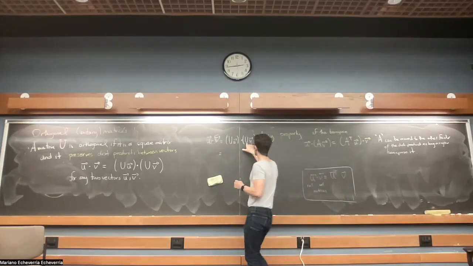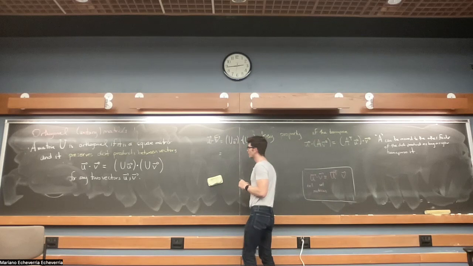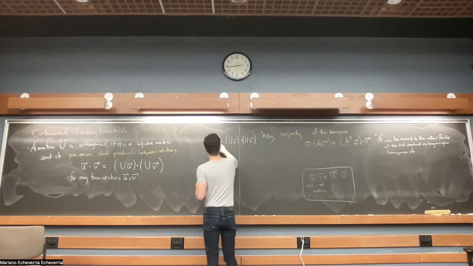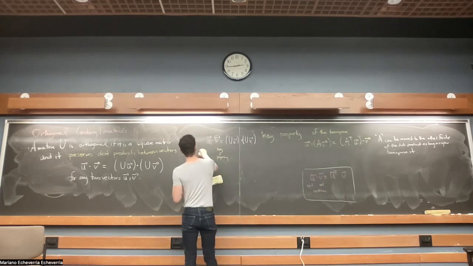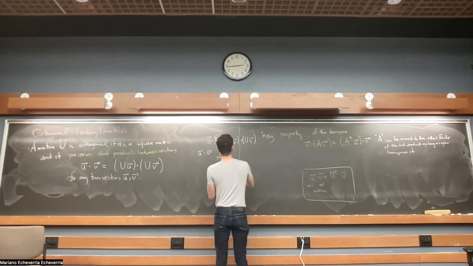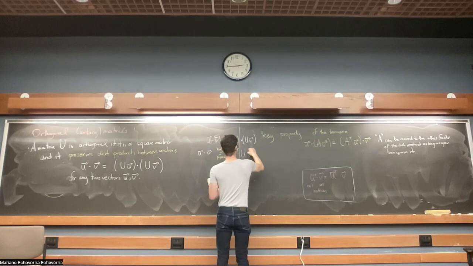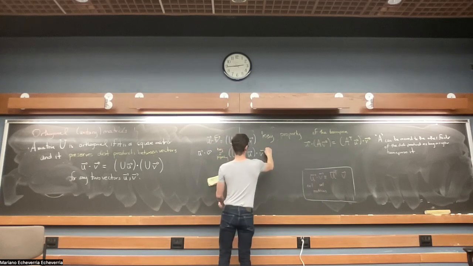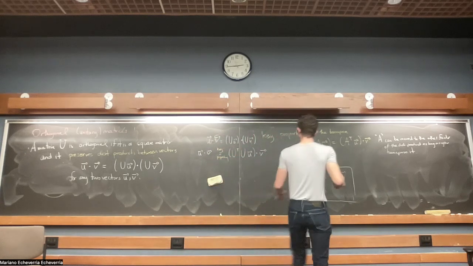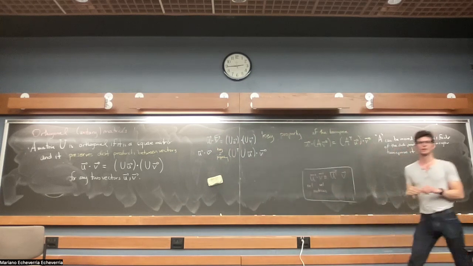So let's move this matrix to the first factor by putting a U transpose. So the key property allows us to say that u dot v, the left-hand side, is the same as what you get by moving U. Is that making sense?